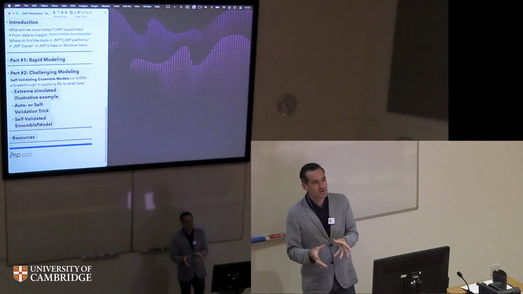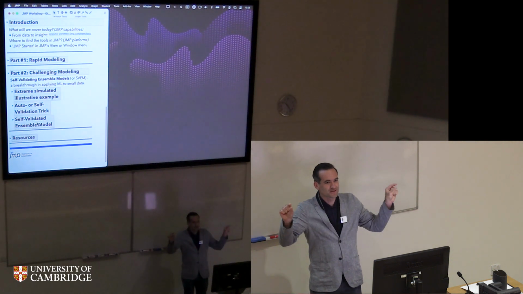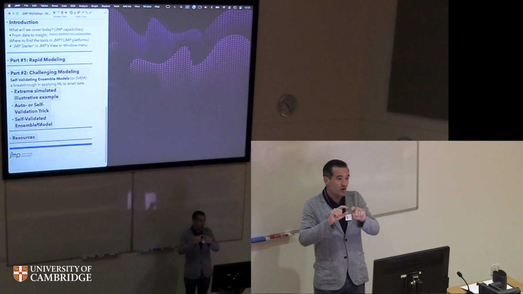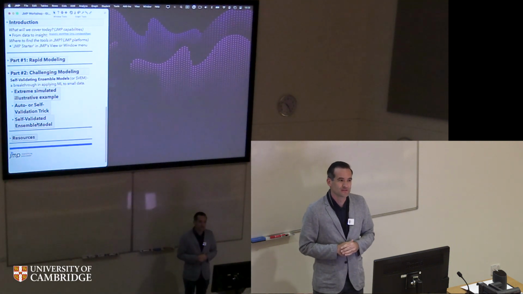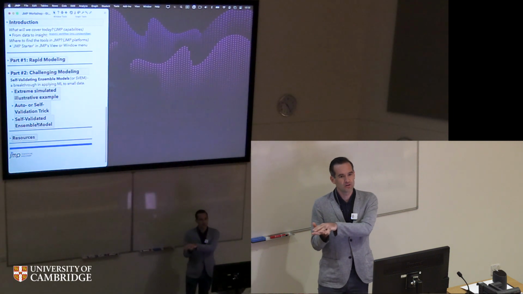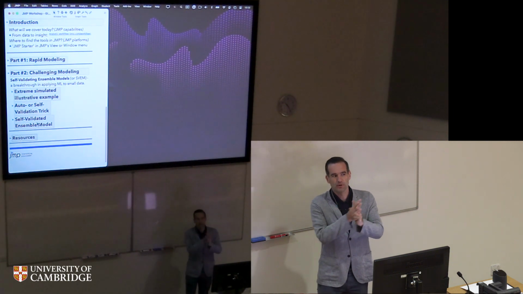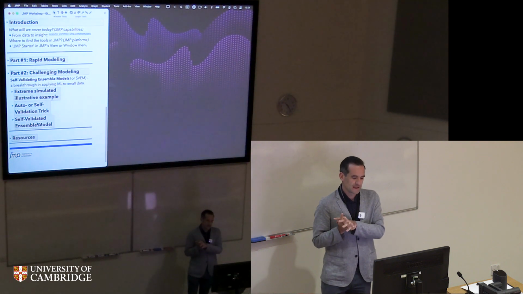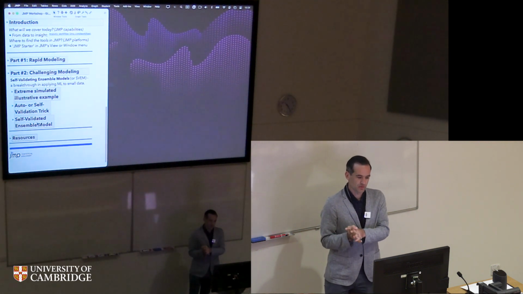In science and engineering, one row of data can cost us tens of thousands of pounds or euros, dollars, or even hundreds of thousands of pounds. So we have this opposite problem. So how could we use the ideas from machine learning and apply it to very small data sets? Well, there's a potential breakthrough in that called self-validating ensemble models.